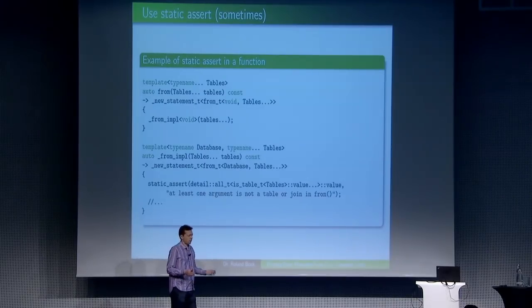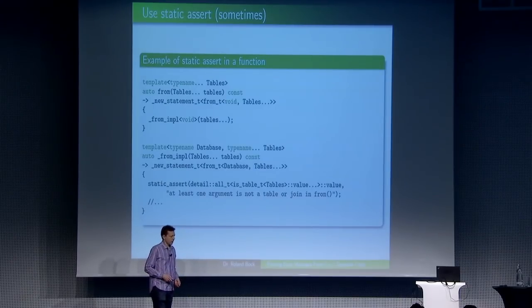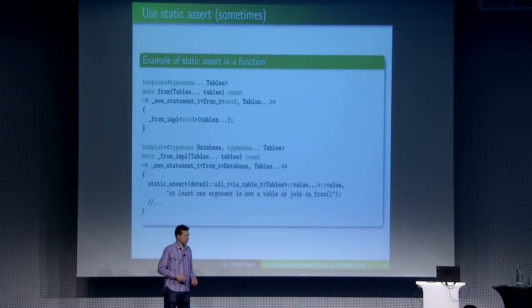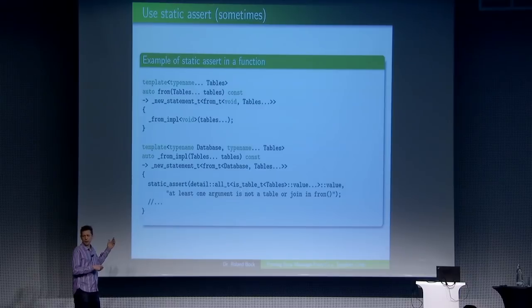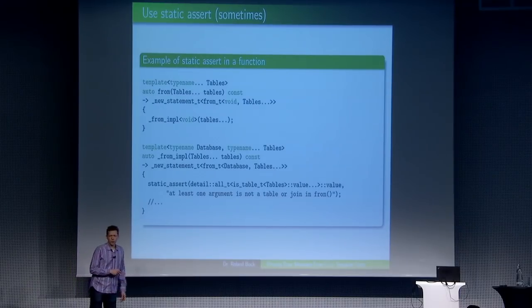So I have a from_impl method which does most of the bulk work, including the static_assert down here to check whether the arguments are really tables, because if you have a from in a select, then the arguments should be tables, right? And we're using this helper again here to check if all of these are tables, and if one of them is not a table or a join, then we tell the user so.